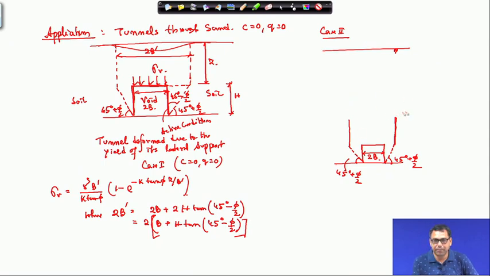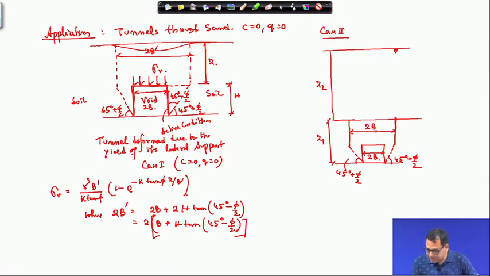In case 1 it is a relatively shallow depth, so the deformation effect reaches the ground surface, but here the depth is very high. So there will be a point where this deformation will not be there, say here. After that, this soil will not deform because of this effect. So if I say this is Z1 and this is Z2.